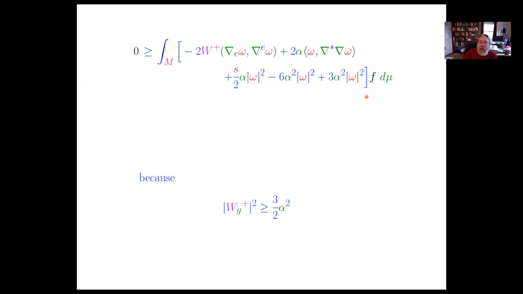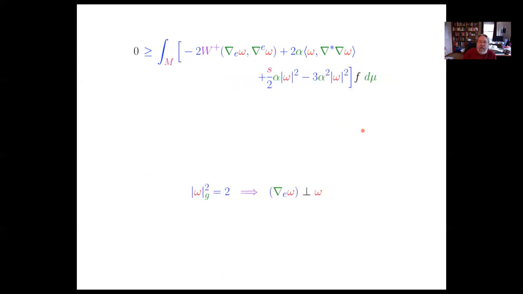But now what will we do with this first term, which involves W plus acting on the covariant derivative of omega? Well, here, because we've set it up so that omega has constant length, its covariant derivative is always perpendicular to omega. And omega is in the positive eigendirection of W plus. In the other directions, it's negative.